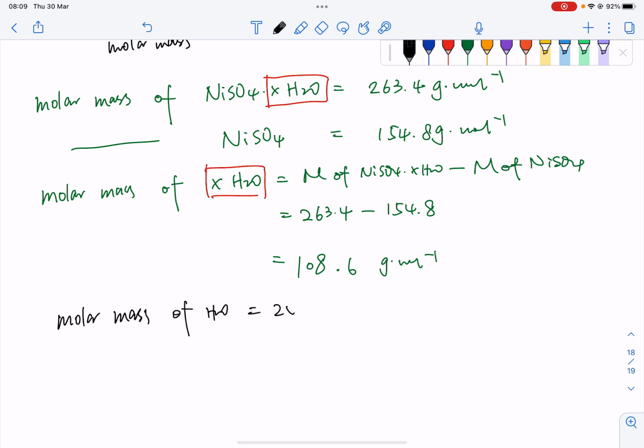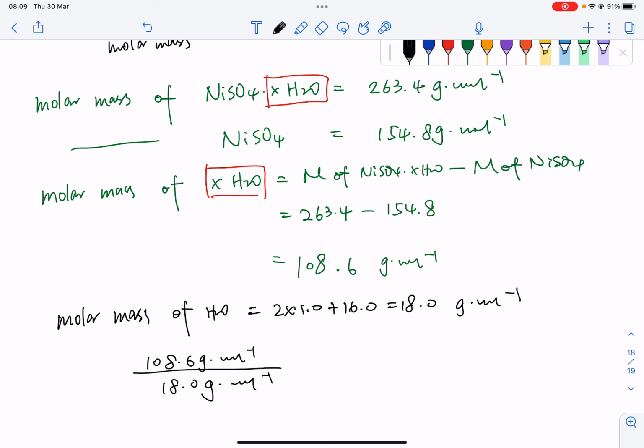The molar mass of simple water is 2 times 1.0 plus 16.0, which equals 18.0 grams per mole, right? Now we have the molar mass of x H2O and the molar mass of simple H2O. Can we calculate the number of x? We use 108.6 grams per mole divided by 18.0 grams per mole.